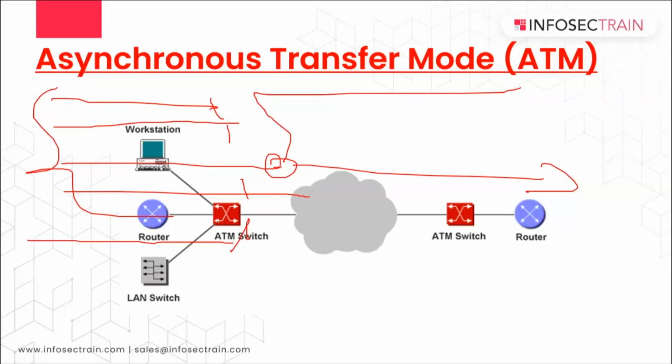So ATM has a powerful flexibility in its ability to provide high capacity and low latency for all types of information, be it data, video, image, or voice, and it is a speed and distance independent protocol.